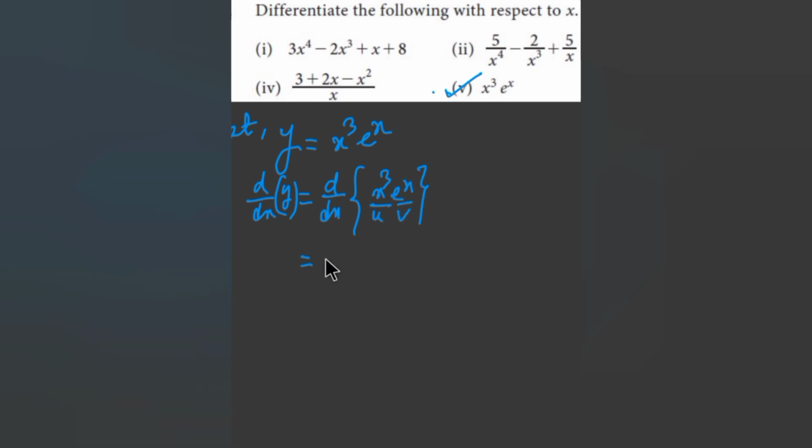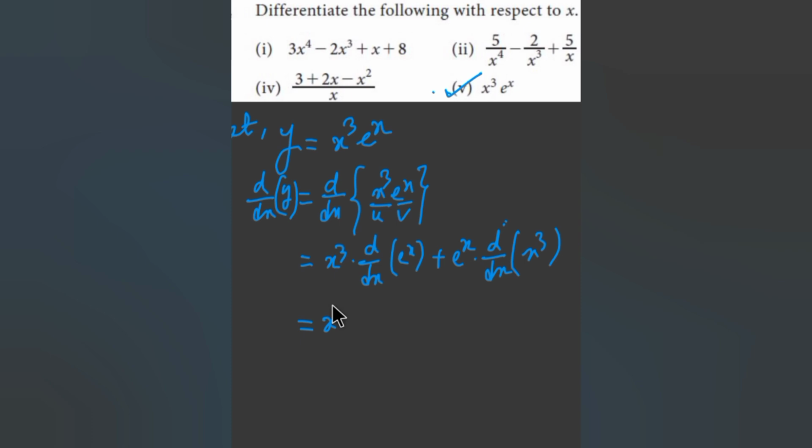So at first u remains, and the differentiation will be of e to the power x, then plus, and then e to the power x will remain, and the differentiation will be of x to the power 3. So this is the rule.